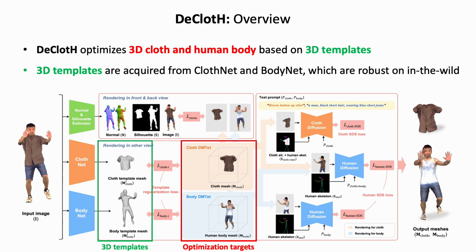We begin with 3D templates obtained from ClothNet and BodyNet, which are regression networks that predict 3D templates from a single image. These templates serve as a strong prior of 3D geometry and make the framework robust on in-the-wild scenarios.